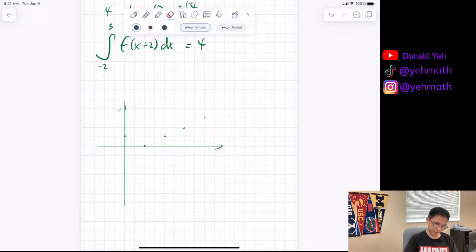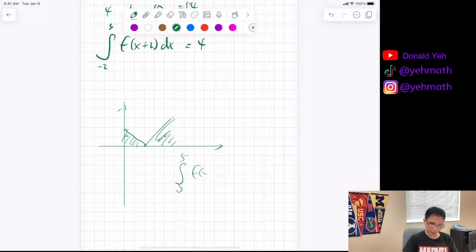Hold on a second. Is this area here, from 0 to 5? In this case it's 1, 2, 3, 4, 5, 6, 6.5. So the integral from 0 to 5 of f of x is equal to 6.5.